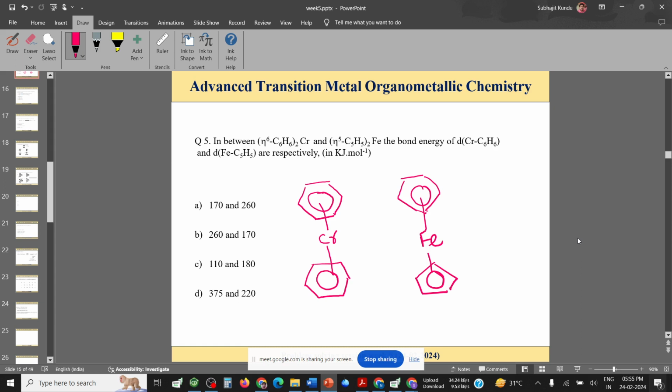Apparently when we get these types of questions, it may look like a memorizing question, that is, to remember the bond dissociation energy or bond energy. But particularly in these types of questions, there must be some logic. As in my previous discussion session, I already discussed some questions where we solved by eliminating the options.